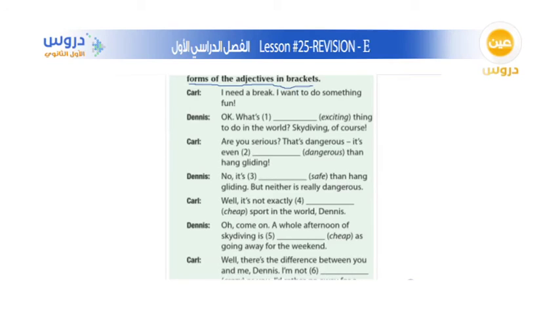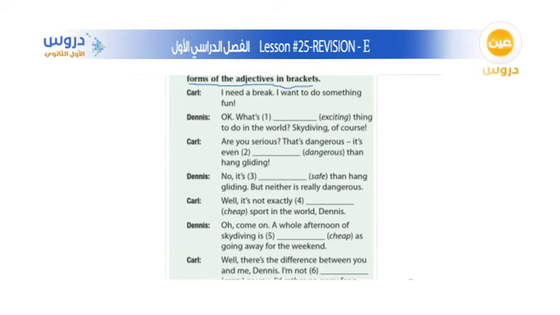Now, Carl here in the fourth blank, well, it's not exactly, and you have the adjective cheap for it. In the world, Dennis, cheapest. Absolutely right. So, cheapest here, it's not exactly the cheapest, all right?